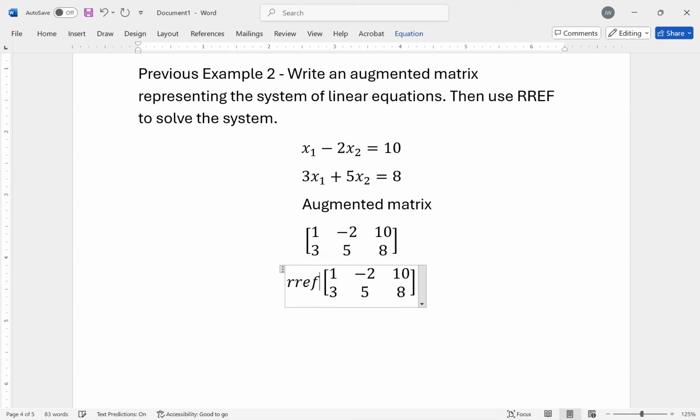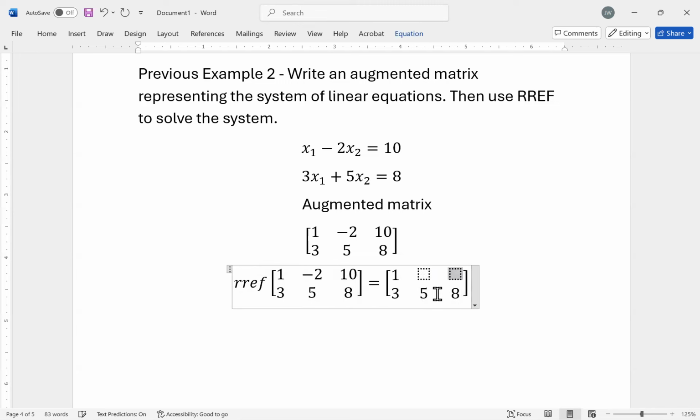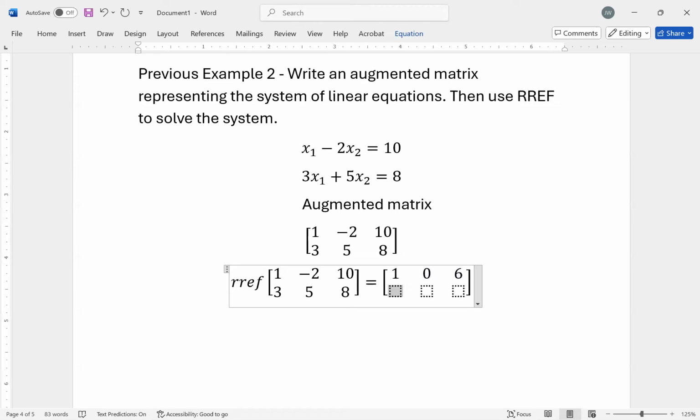So all I have to do is ask my calculator to give me the row-reduced echelon form of that matrix. When I do that, it's going to have the same dimensions. It's going to have a pivot position in that upper left-hand corner. The first row becomes 1, 0, 6. The second row becomes 0, 1, -2.